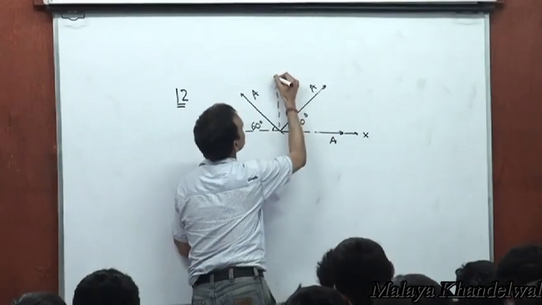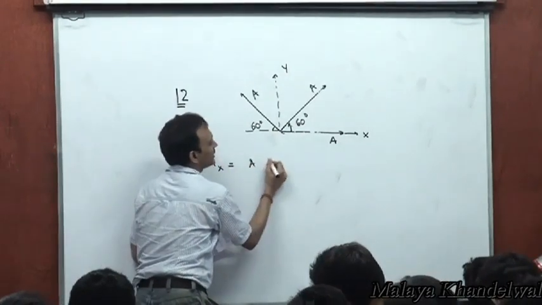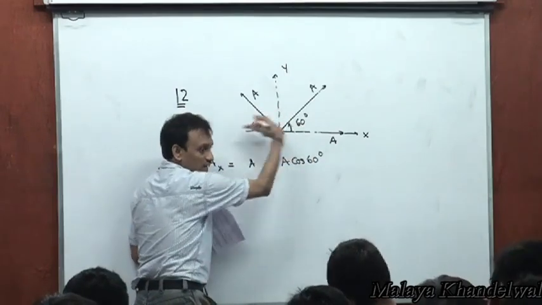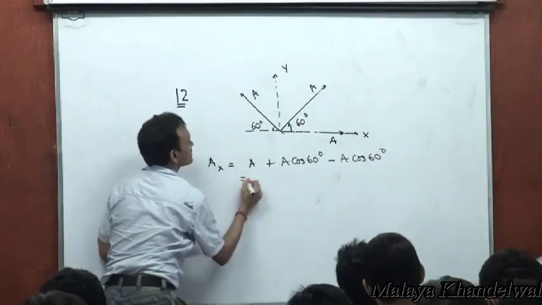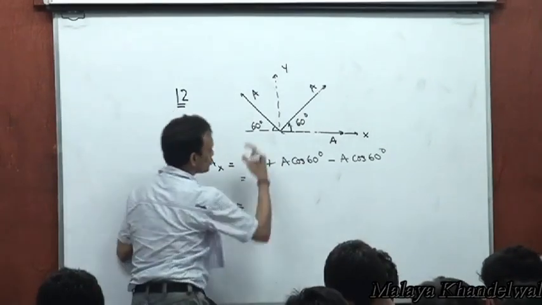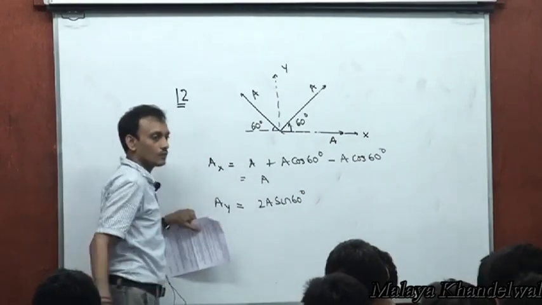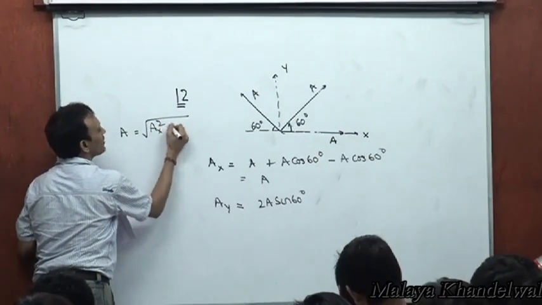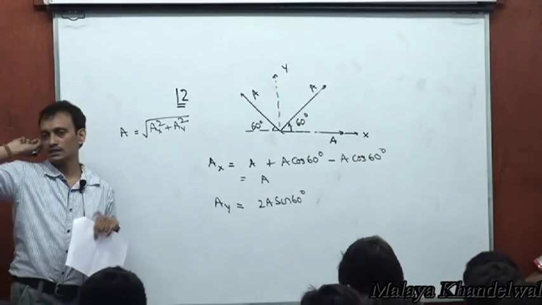Let's say this is x, this is y. The x component of the resultant of these A's is going to be A plus A cos 60 degrees plus A cos 60 degrees, which is 2A, and the y component of the resultant is going to be... And the effective A is going to be root of Ax squared plus Ay squared.